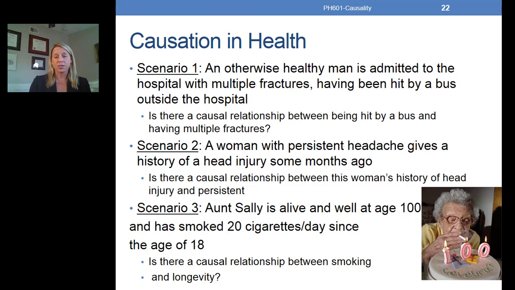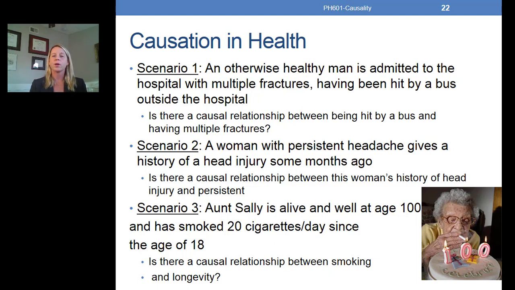Well, hopefully your answer to this is yes. There's a short time frame between the exposure X, which is being hit by a bus, and the outcome Y of multiple fractures, so the time relationship is short. Being hit by a bus is certainly sufficient to cause the multiple fractures, and in order to have the multiple fractures, he had to be hit by a bus, so it's also necessary.